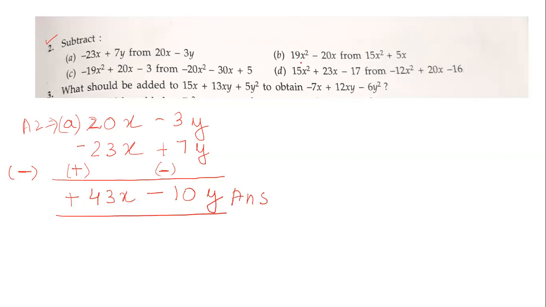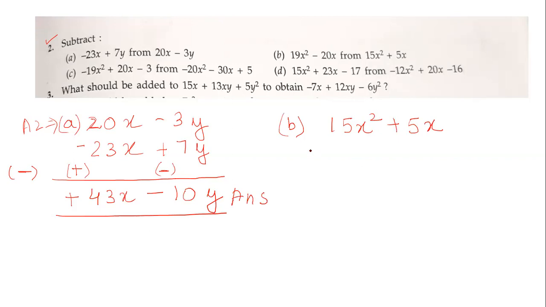Okay. Subtract 19x square minus 20x from 15x square plus 5x. So we need to write this term first. Second में से first subtract करना. 15x square plus 5x.